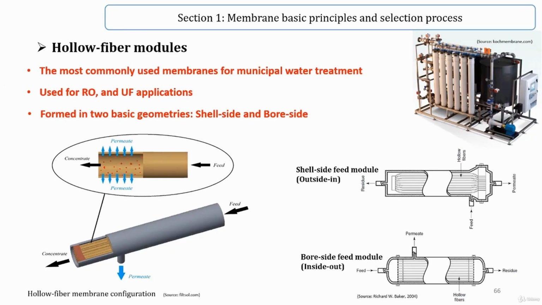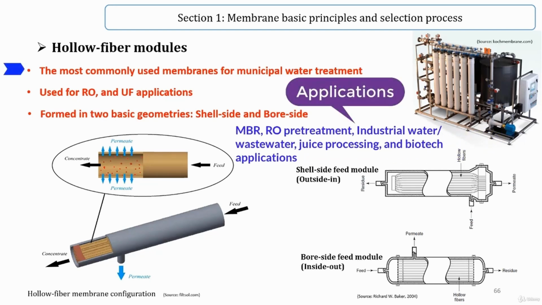How it works? Hollow fiber filtration works on the same principle as tubular and capillary configurations, but utilizes a small tube diameter which allows for flexibility. Common applications for hollow fiber membranes include membrane bioreactor, reverse osmosis pretreatment, industrial water and wastewater, juice processing, and biotech applications.